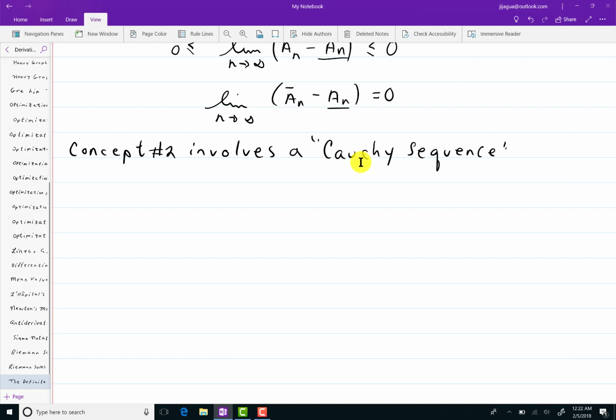Ultimately we do show that the limit of a n bar above equals the limit of a n bar below via a Cauchy sequence. We end up showing that the limit as n goes to infinity of a sub n bar above equals the limit as n goes to infinity of a sub n bar below, through Cauchy sequences.